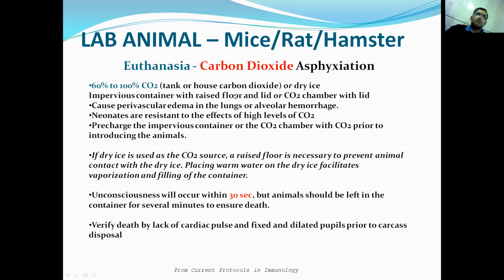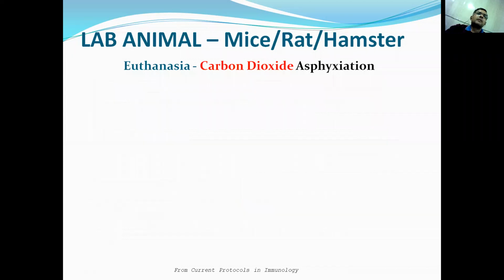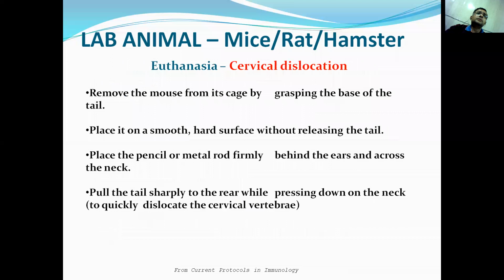The second method of performing euthanasia is generally known as cervical dislocation. Cervical dislocation is a physical method where you grasp the animal at the base of the tail and place it on a small or hard surface without releasing the tail, so that the animal's body gets stretched.